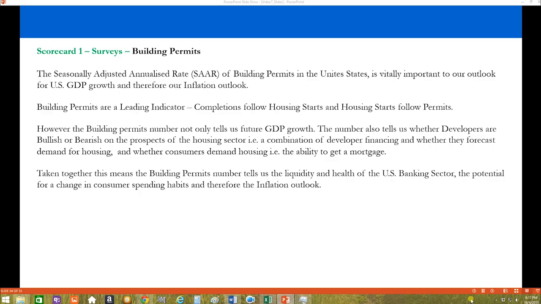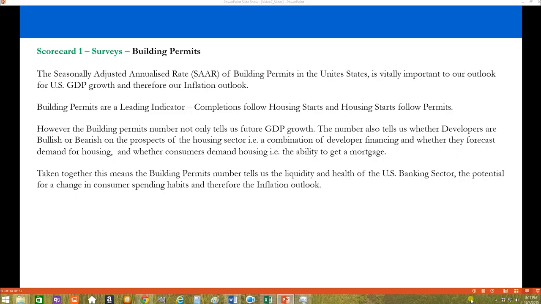And it also gives us an idea of the combination of developer financing and whether they're forecasting a demand for housing in the future. But it also tells us as well whether consumers are demanding housing. So if they demand housing, then it probably means that the ability for them to get a mortgage is higher.